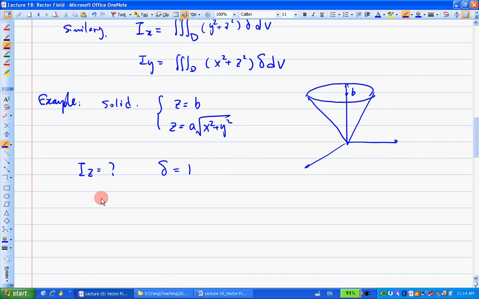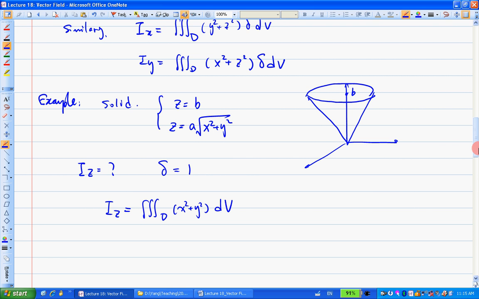Write down the formula for Iz first, which is the integral of x squared plus y squared dV. Delta equals 1, so the delta is gone, just dV here.